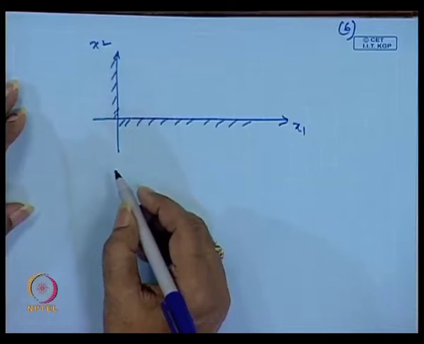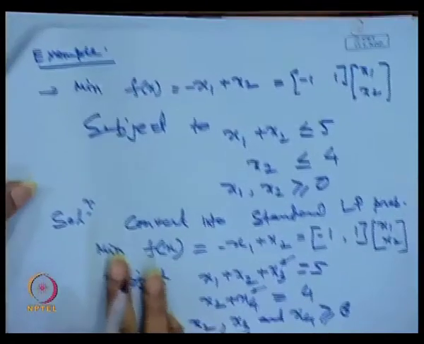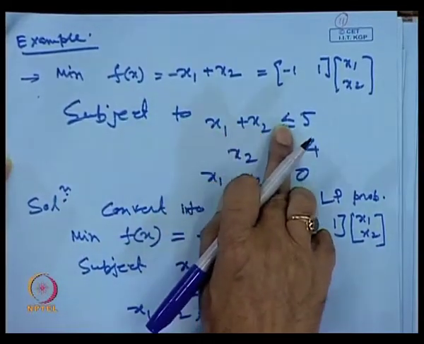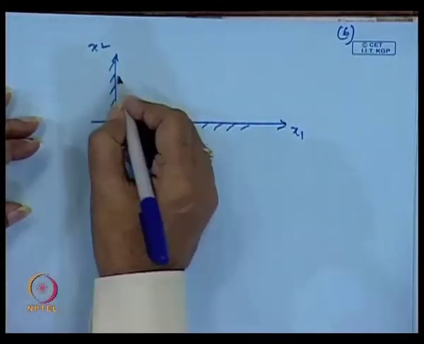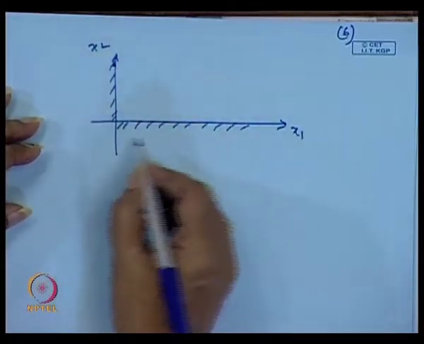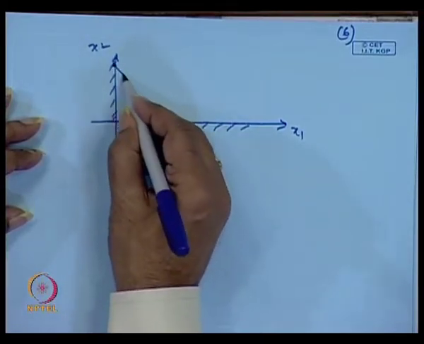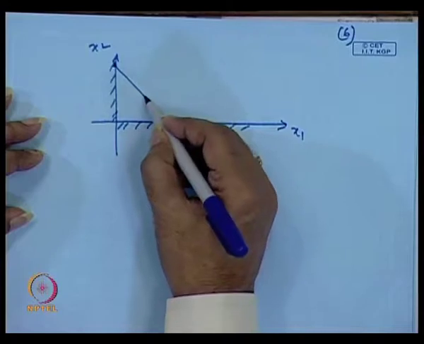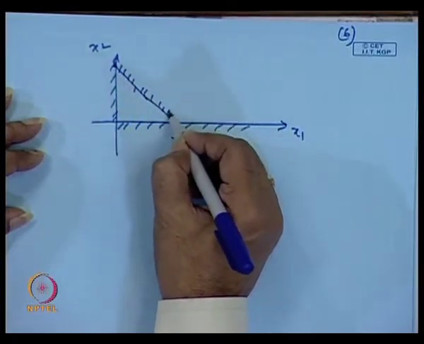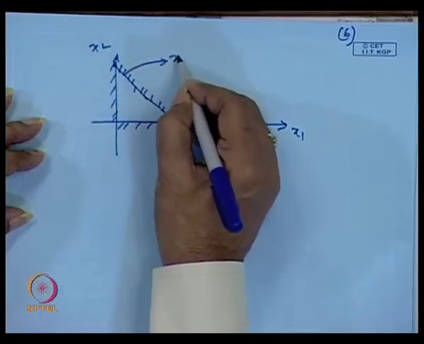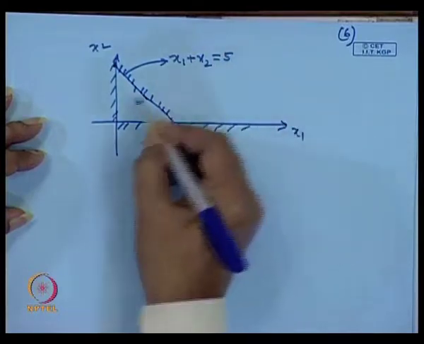That means we are in the first quadrant of this coordinate axis. Agree? The first constraint, x 1 plus x 2 is less than or equal to 5, we can represent by calling this 5 and this 5. That is the equation, and this is our region, x 1 plus x 2 equal to 5 and less than this one.